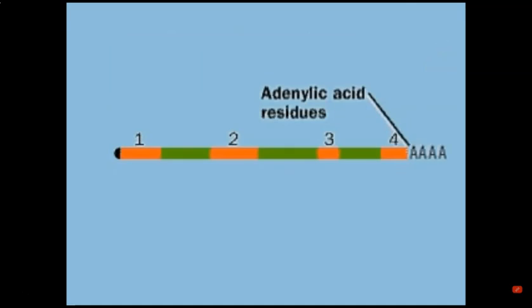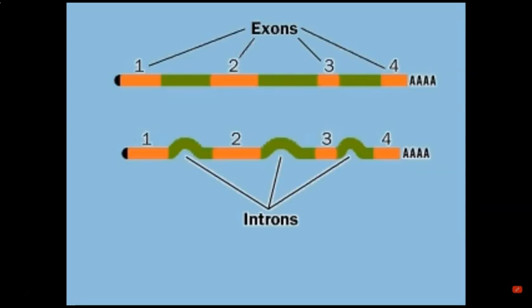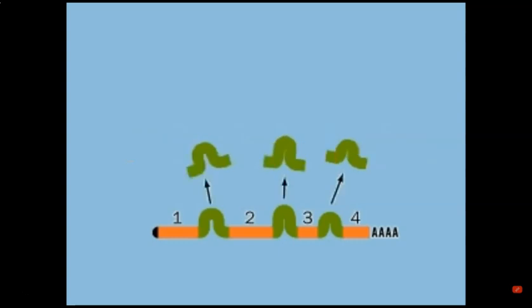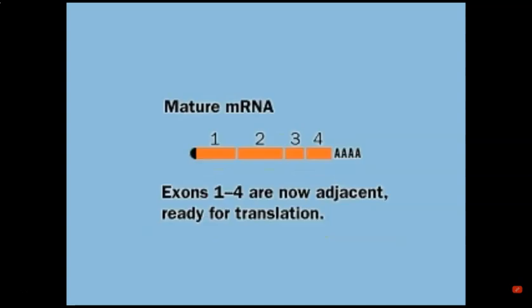A eukaryotic gene typically consists of both exons, regions that encode parts of the protein product, and introns, regions that are not represented in the product. The introns are transcribed along with the exons, but they are spliced out as the third step in eukaryotic RNA processing. Ribonucleoprotein assemblies called spliceosomes do the splicing. The result of 5' capping, 3' polyadenylation, and RNA splicing is an mRNA ready to be translated.